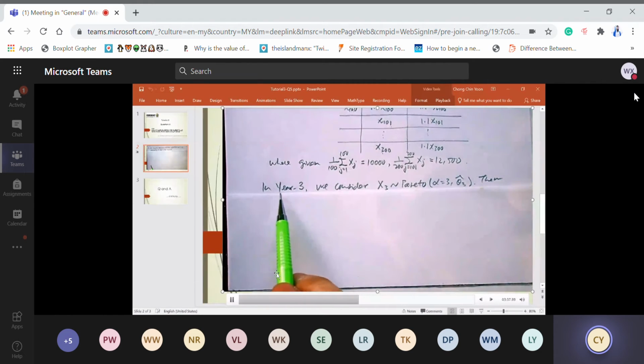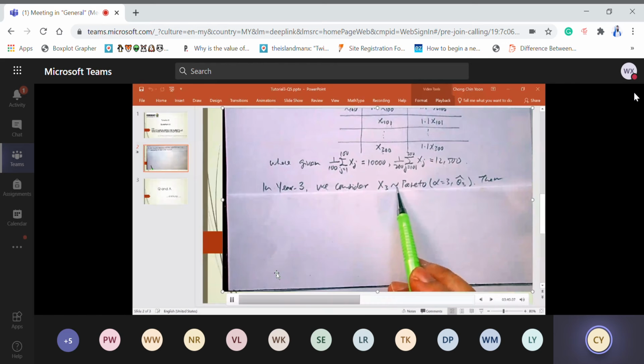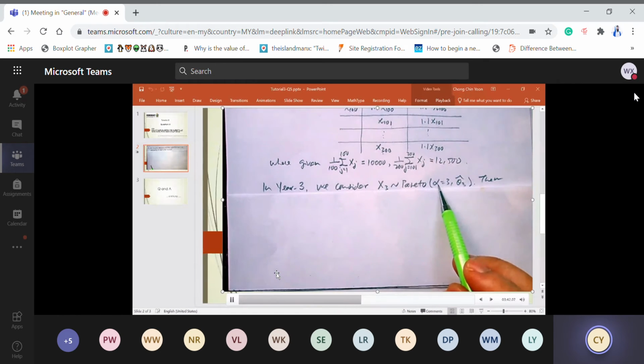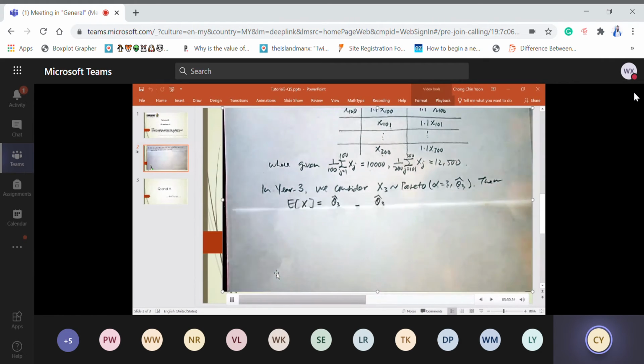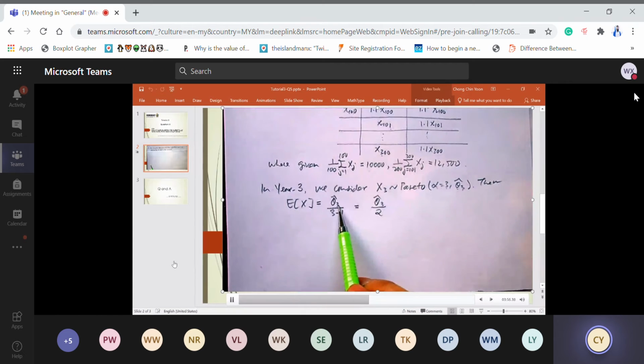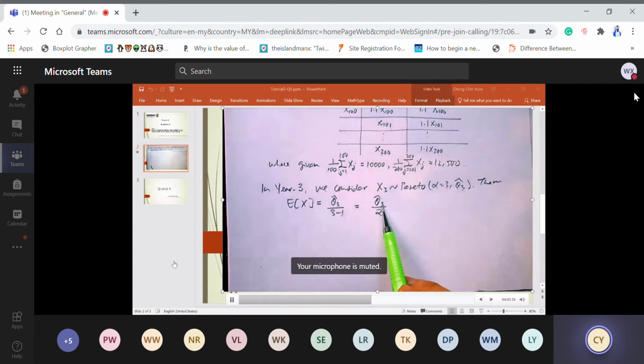Now, in year 3, we consider X3 is Pareto distributed with parameters alpha equals 3 and the estimate of theta 3. Then, from table C, we have the first raw moment, which equals theta 3 divided by alpha minus 1, which is theta 3 divided by 2.